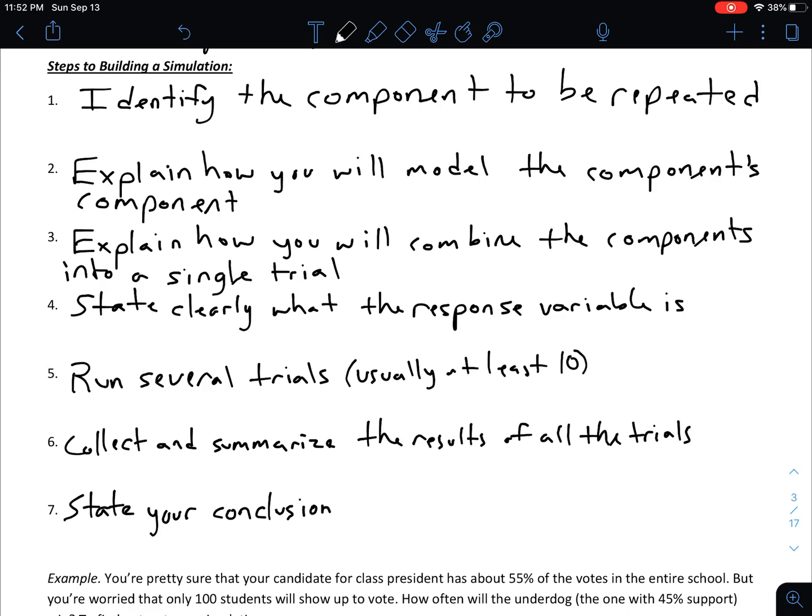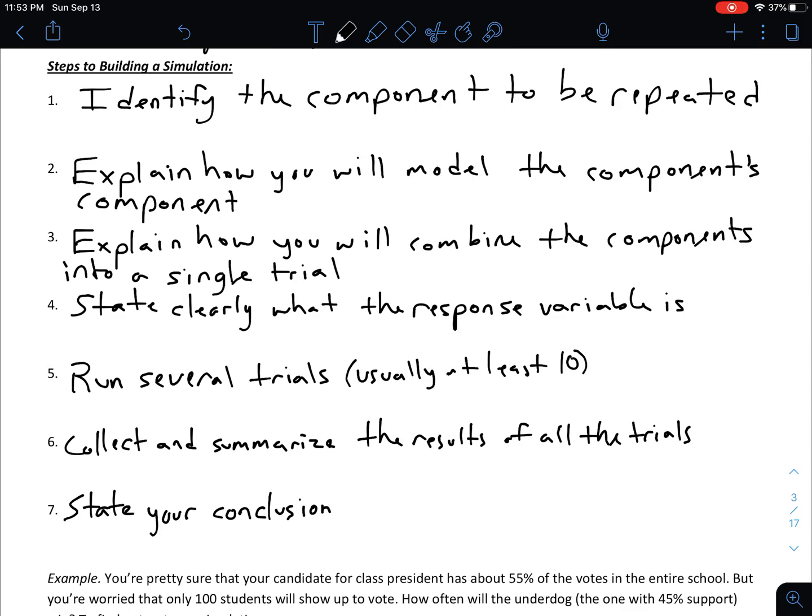Step 4, state clearly what the response variable is. That was where we decided that anything greater than or equal to 4 wins would be a success, and anything less than 4 wins would be a loss. Number 5, run several trials. Usually you want to do at least 10. So 7 components in each trial, 10 trials in total, means you're doing at least 70 components for just one simulation. 6, collect and summarize the results of all your trials.